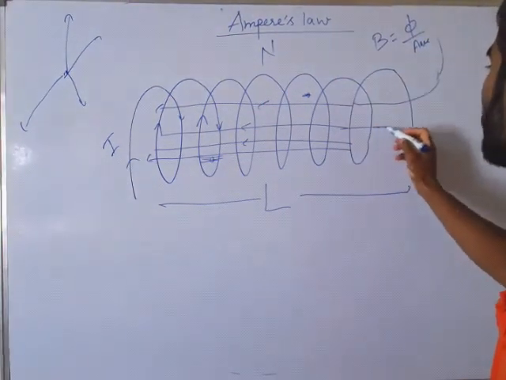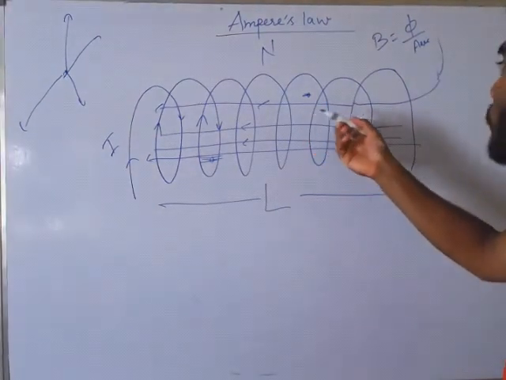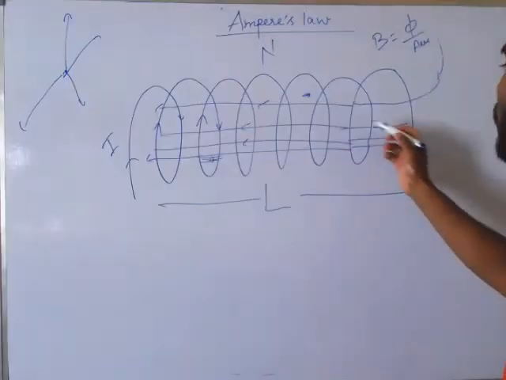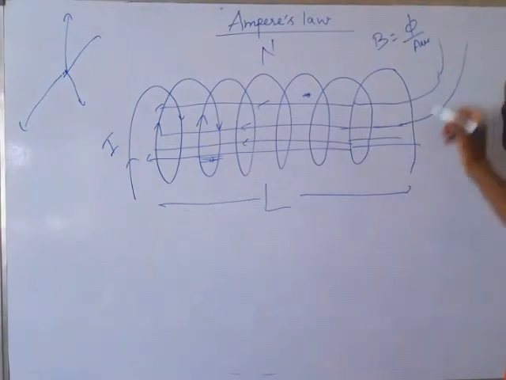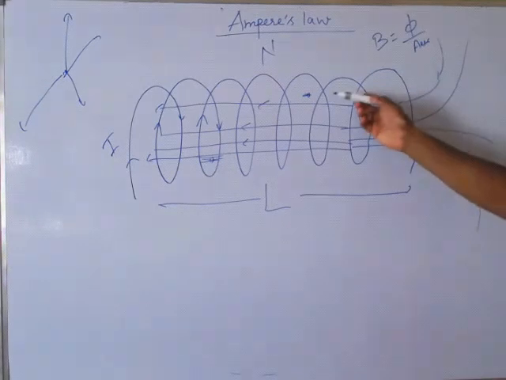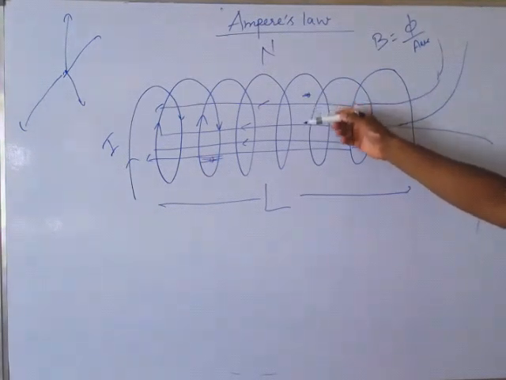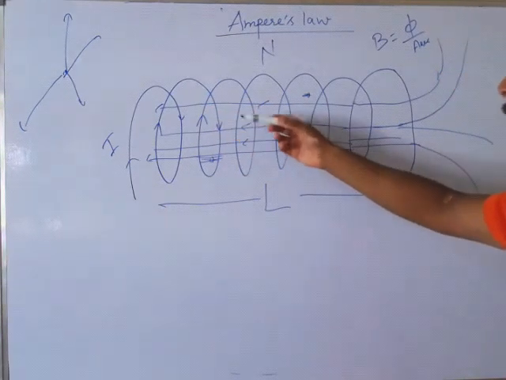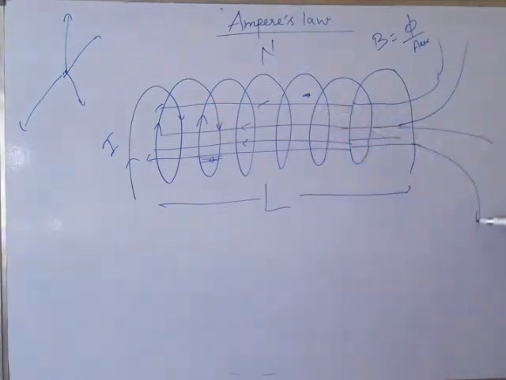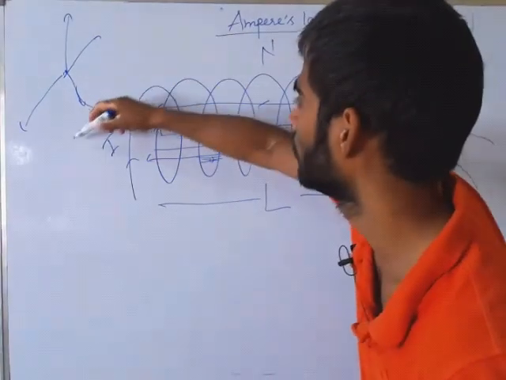So when it goes outside, the outside air is present. Actually, inside also air was present, but outside it gets dispersed over an infinite area. Inside it was in a finite area, nothing but the cross section area of the solenoid. But outside it will go through an infinite area and then return from this side.